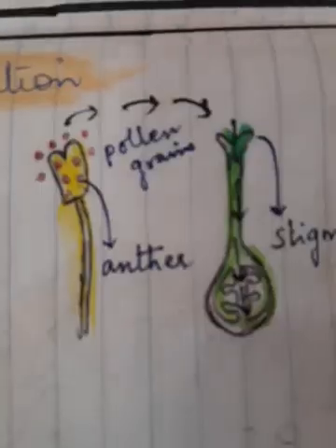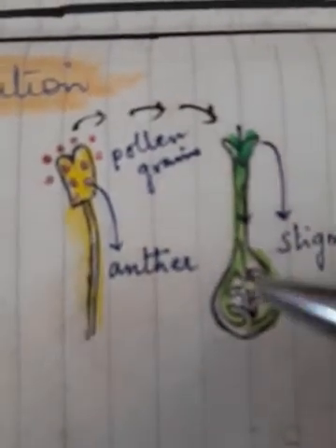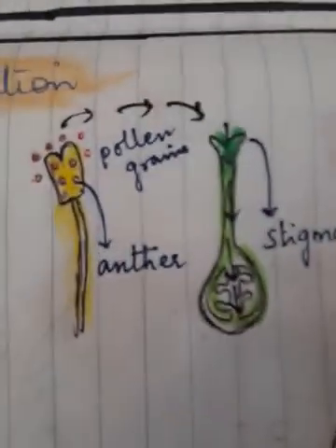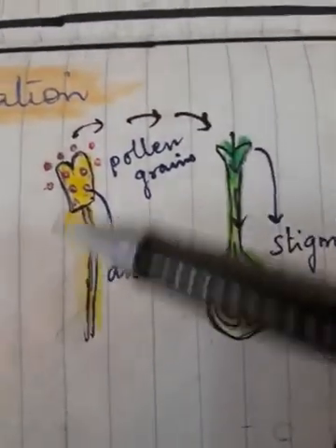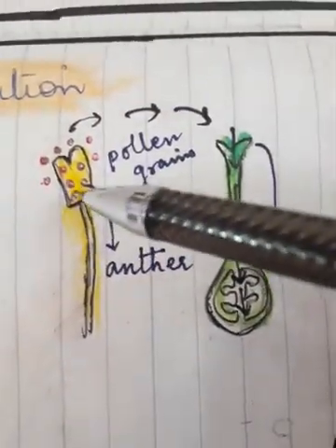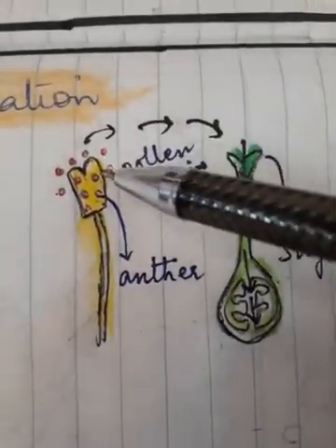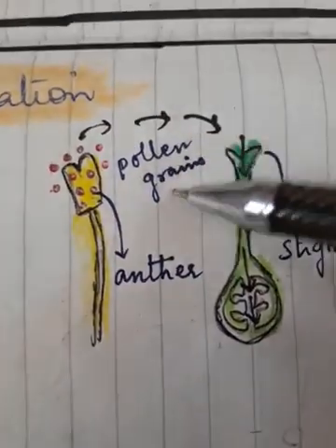See students, I have drawn it clearly here. This is the anther, and these red dusts are pollen grains.